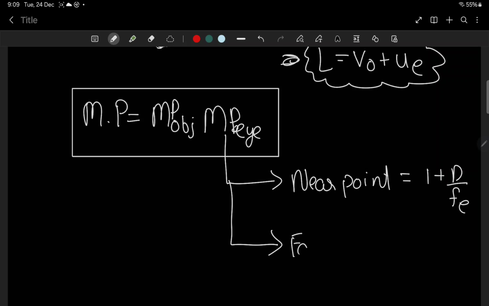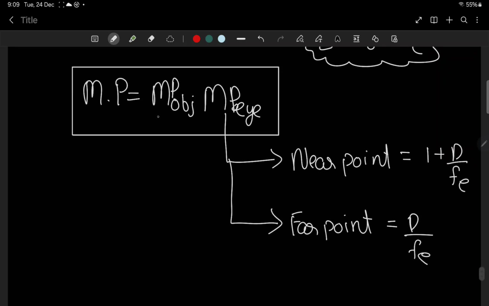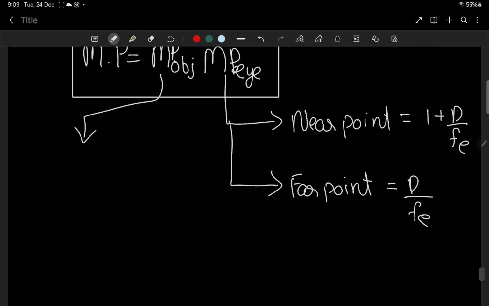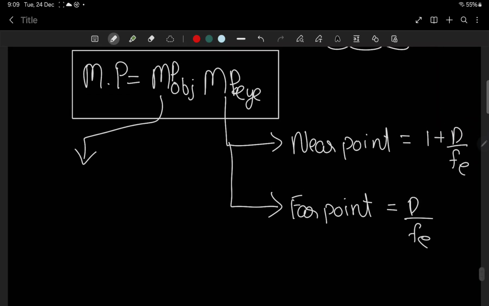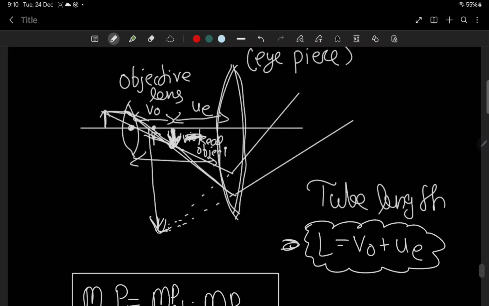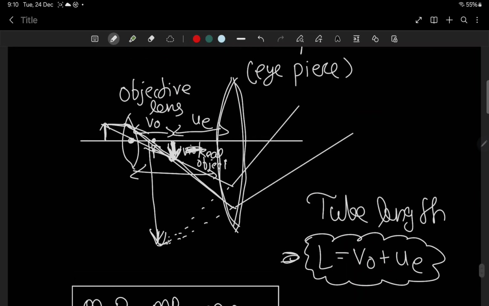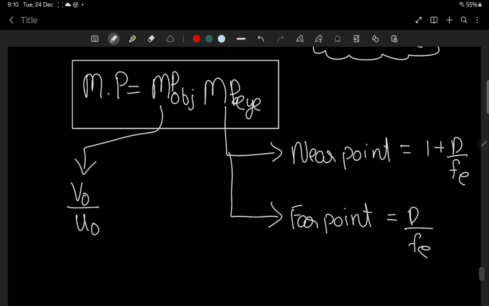And if it is at the far point, then just d by fe. Now for the objective lens, magnifying power equals v of objective by u of objective. Normally the magnifying power of a convex lens is v by u, that is v naught by u naught.